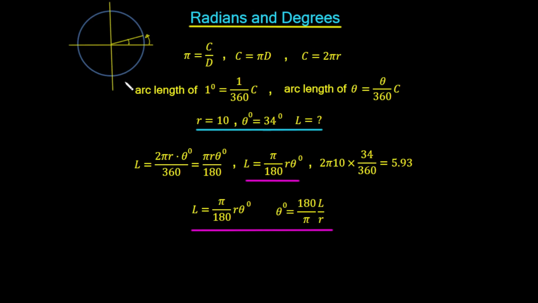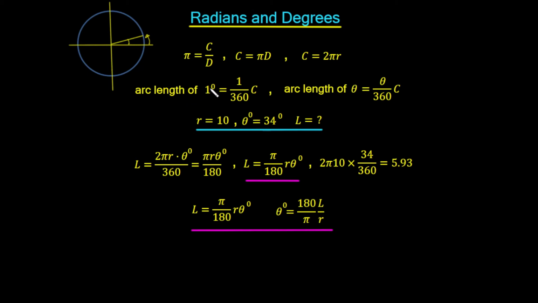Now let's say we wanted to work out the arc length of 1 degree. So what we're looking for here is 1 degree. We've got a little drawing here, and let's imagine that as 1 degree of rotation. Then we're interested in finding this length here. So in effect what we're doing is going from a measurement of angle, which is 1 degree, to a measurement of length, and this length may be, for example, in meters.